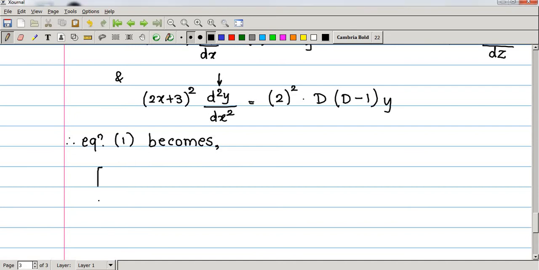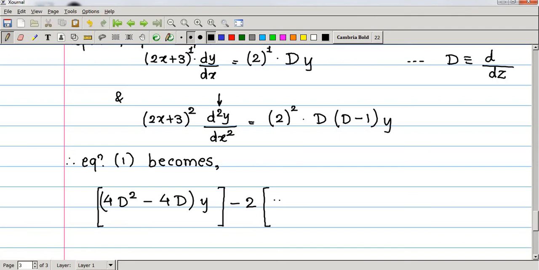So we substitute the first term (2x+3)² d²y/dx², which will be replaced by 4 times (D² − D) into y. Then the second term is −2 times (2x+3) dy/dx, and (2x+3) dy/dx will be replaced by 2 times D into y.